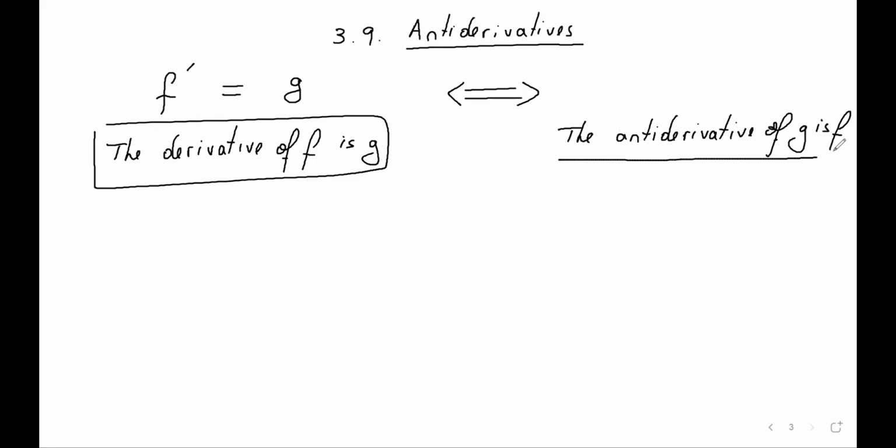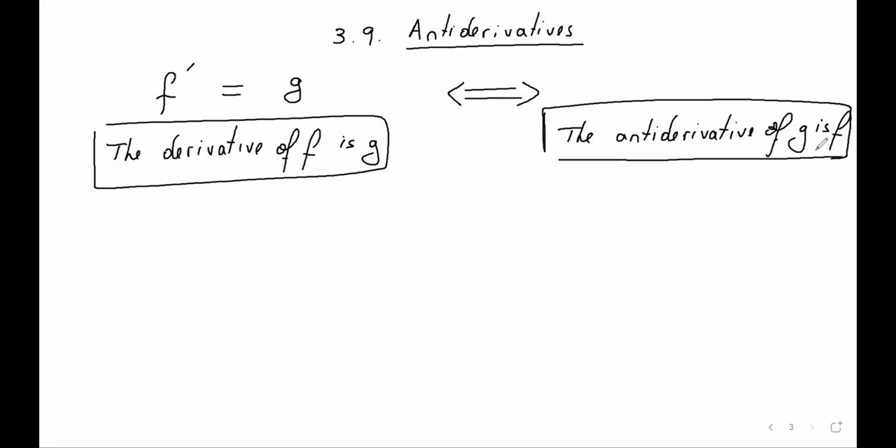So the notion of antiderivative is simply, folks, reading things from right to left. The antiderivative of g is f.